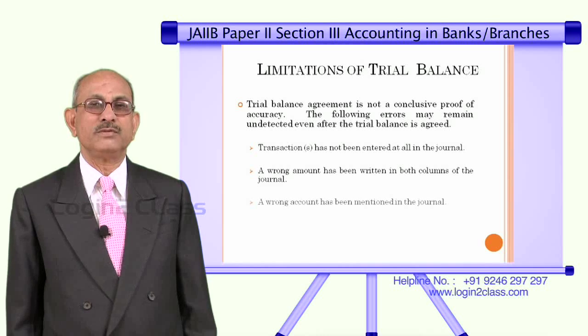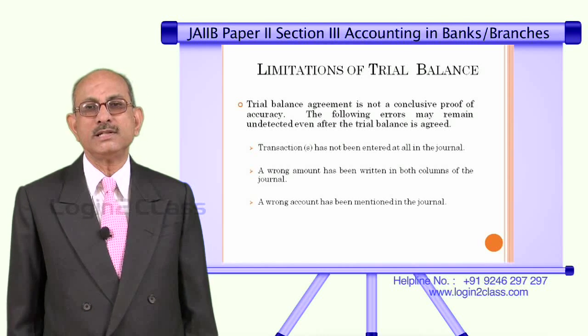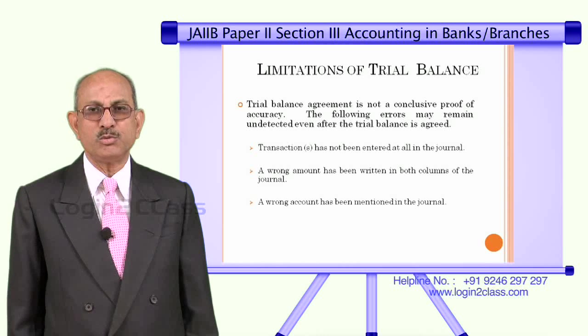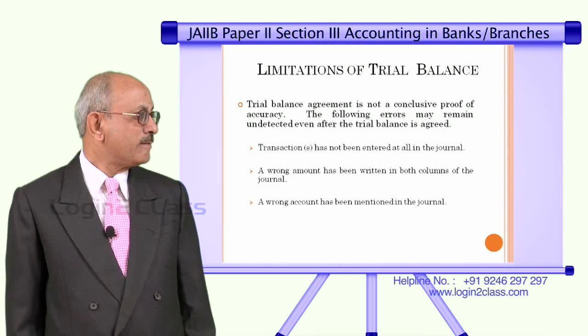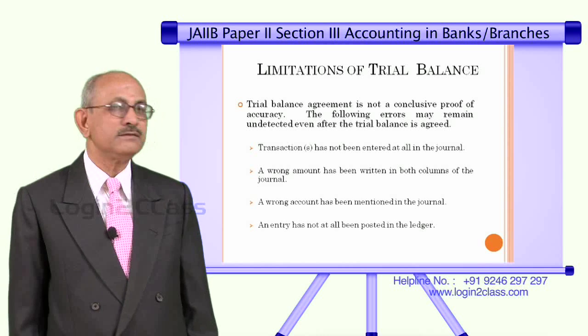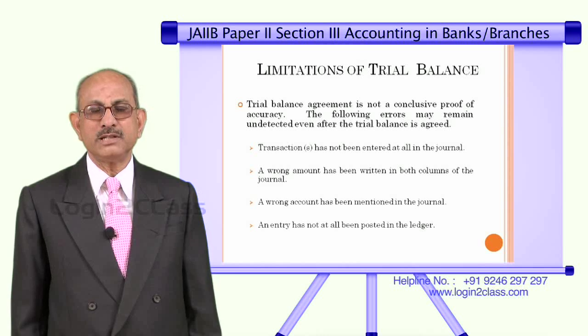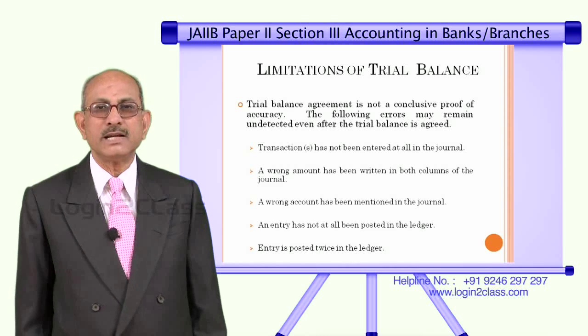Or if you omit one account altogether, instead of posting it, you don't post it at all, and still the trial balance will tally. Such cases are errors of omission. Errors of omission cannot be detected by balancing the trial balance.